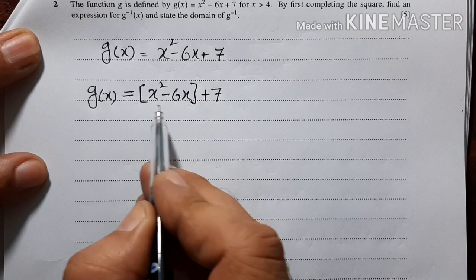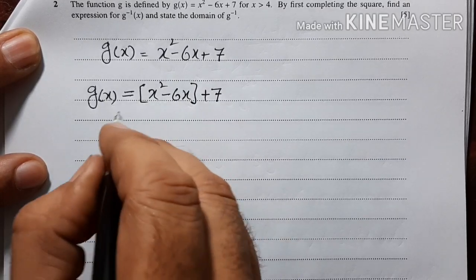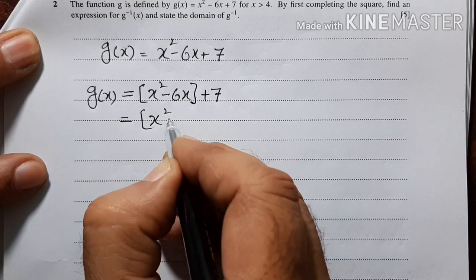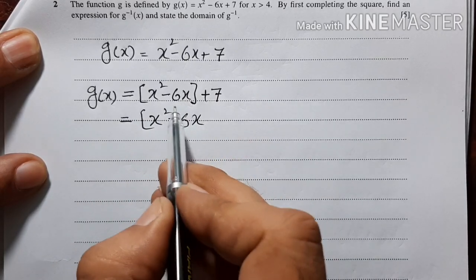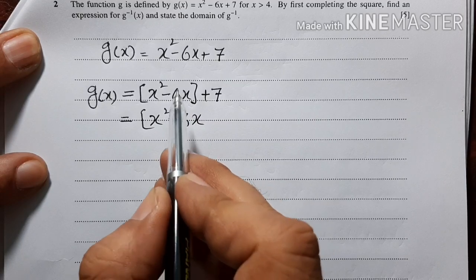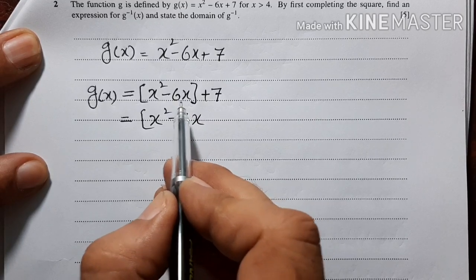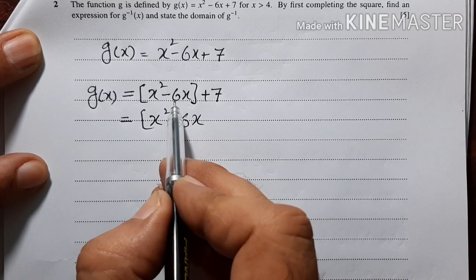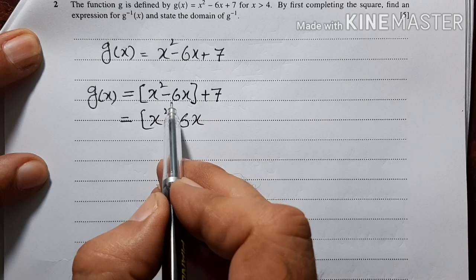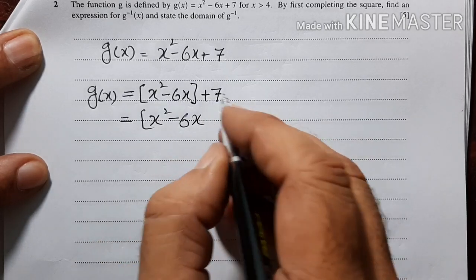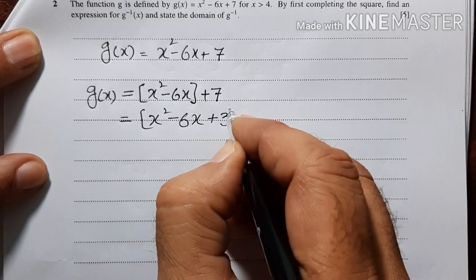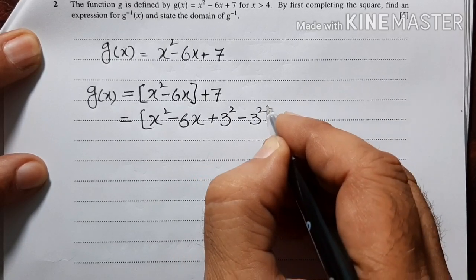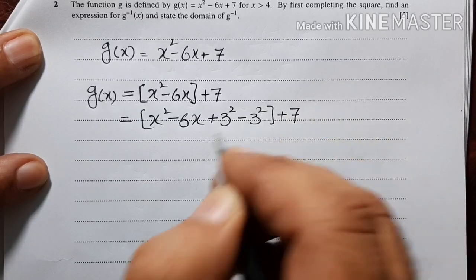Now I'll try to complete the square of these two terms. This will be written as x² − 6x. I will add and subtract the square of half the coefficient of x. The coefficient of x is 6, its half is 3, so I'll add 3² and subtract 3², plus 7.